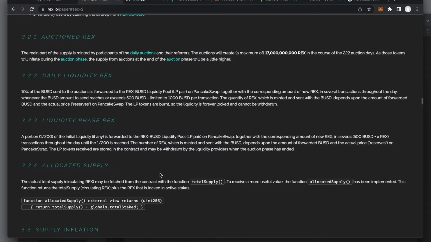At the end of the auction, but at the same time, the 12.9% annual inflation is happening to those tokens, so there will be a little more than 17 billion tokens at the end, or something more like 21 billion tokens by the end of the auction phase.